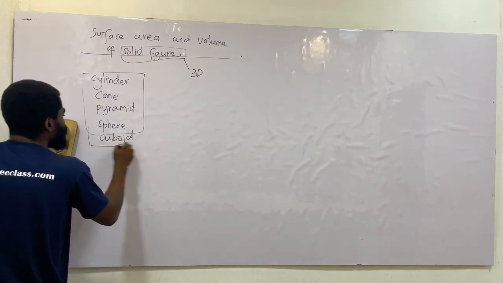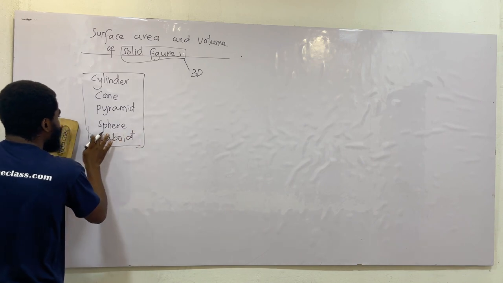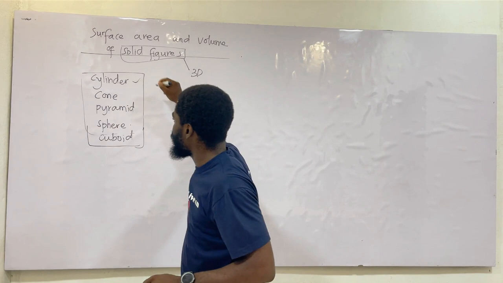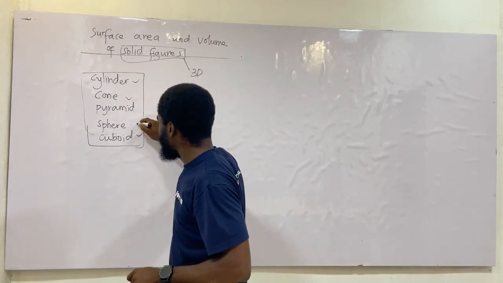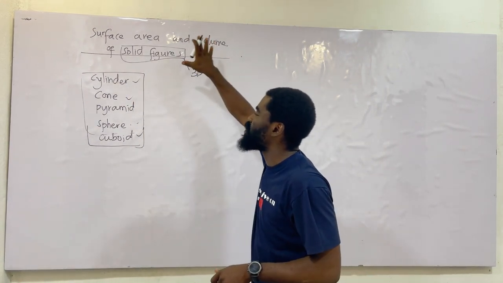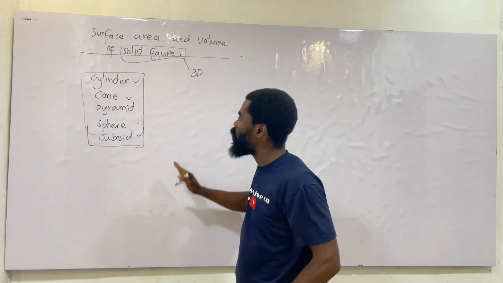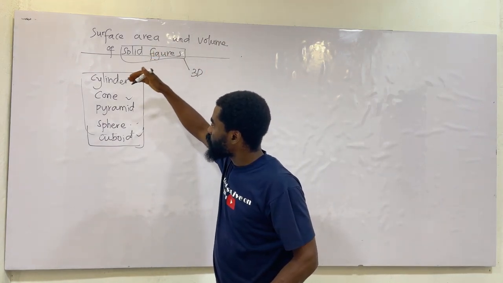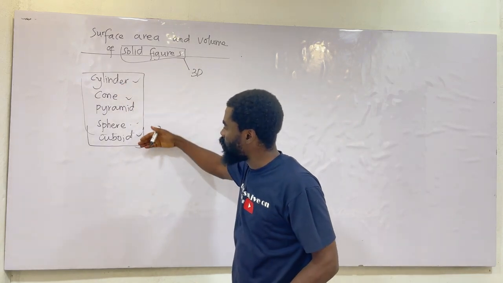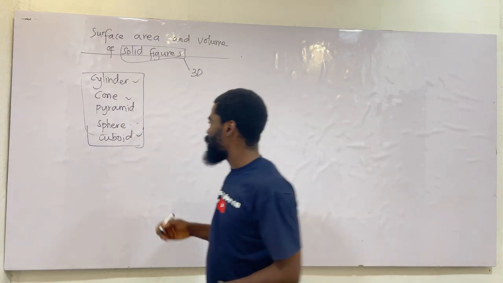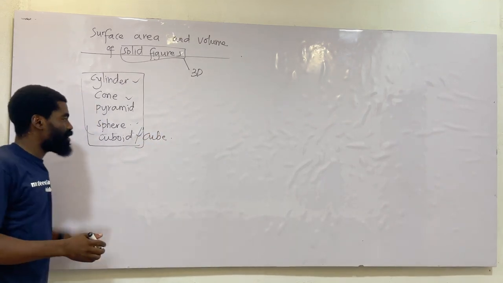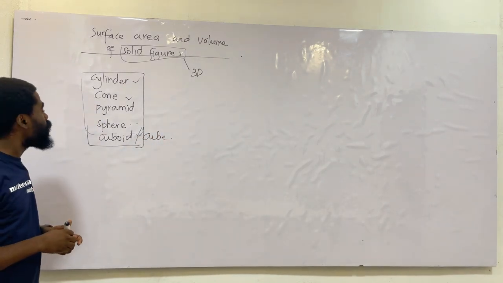Now I'll start with the cylinder, go to the cone, the cuboid, the sphere. These are the shapes that we deal with when it comes to the solid figures: cylinder, cone, pyramid, sphere, and the cuboid. And at times the cube as well. So they are all on the same plane.